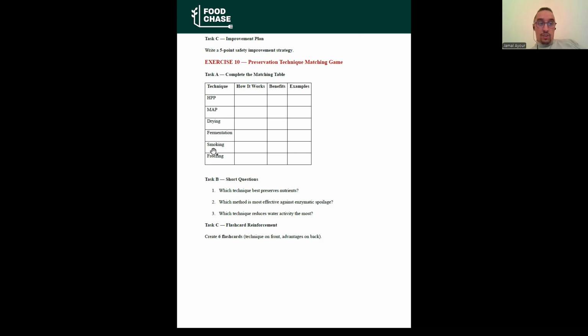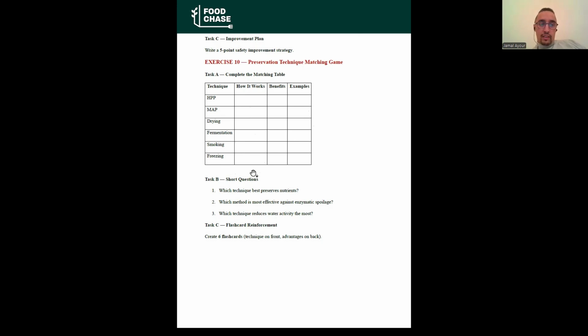The objective, for example, is inactivation for juices, or MAP, modified atmosphere packaging, for meats, for example, and for drying, we can use this technology to reduce water activity for nuts, for example. You have to complete the table for the other technologies used for food preservation.